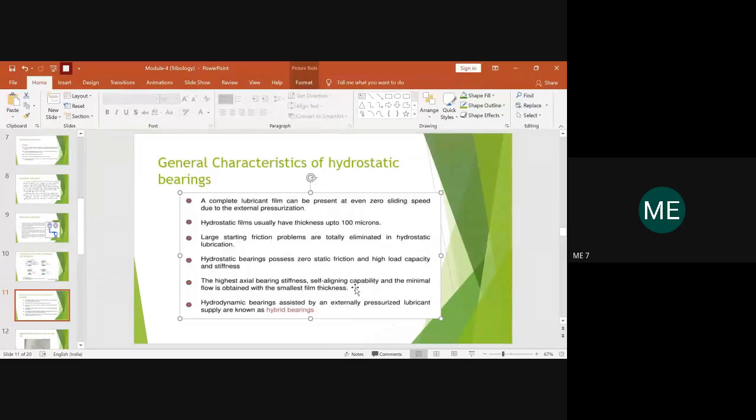And here it is claimed that this stiffness property of the hydrostatic bearing and the self-aligning capabilities could be achieved even at very small film thickness, because the frictional values are comparatively low. So even with the minimum film thickness, you can achieve good relative motion across the contact surfaces without any wear and friction. So this is the requirement. So we need a very small film thickness of lubricant.